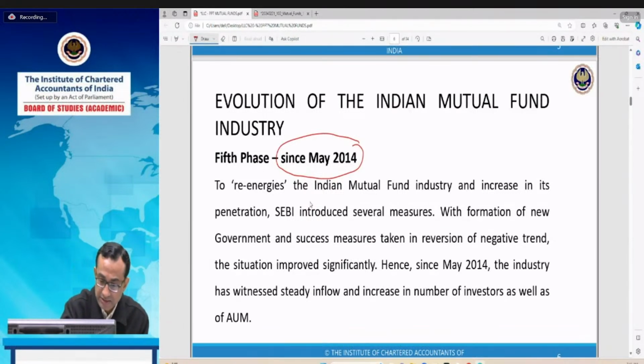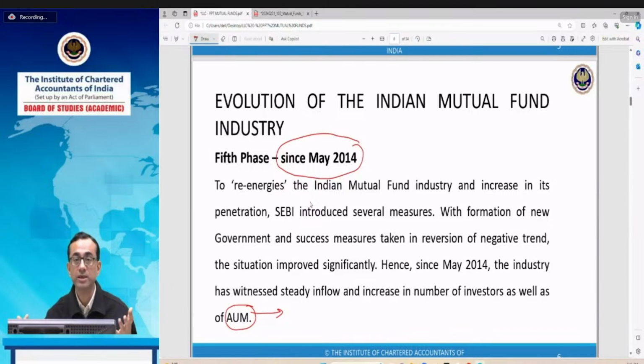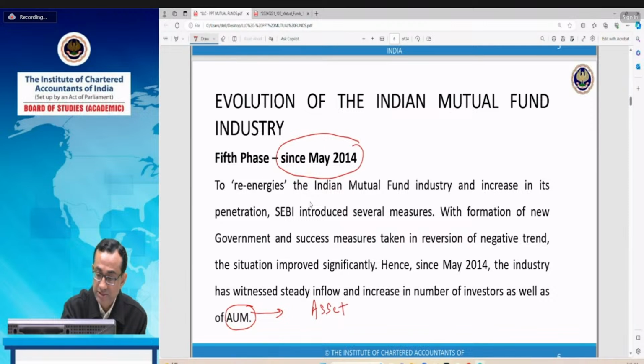AUM is the assets under management, whatever pooled money the mutual fund industry is carrying, because whatever investment has taken place by the mutual fund industry is its assets.